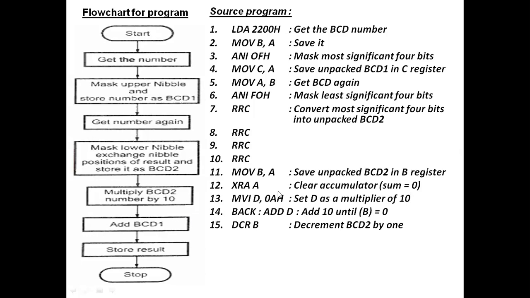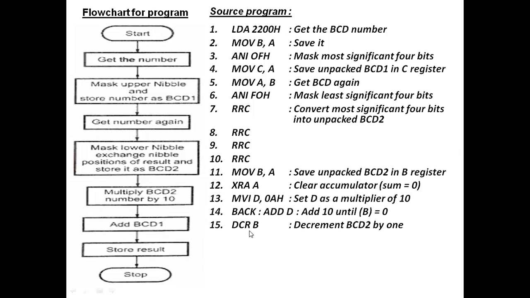So once we put the value decimal 10 into D register, we are going to add that value of D. Now, accumulator is already cleared. It is 0. So whenever we add D, the decimal 10 will be added with the content of accumulator, that is 0. So the accumulator value will become 10.